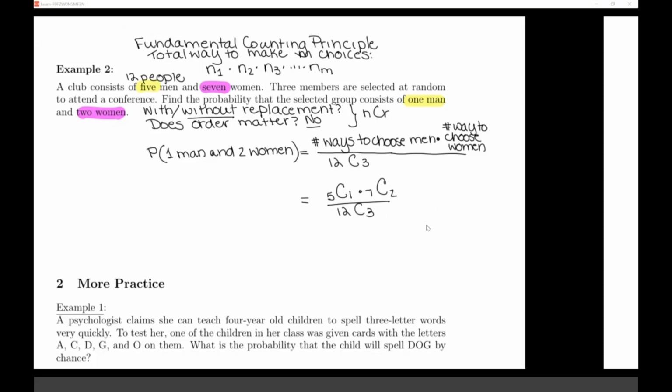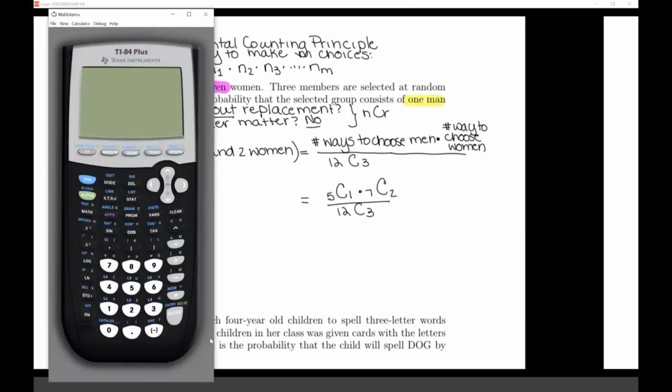Again, if you're using the built-in combinations calculator, you're going to need to find these individually. I'm going to show you on my TI because I can bring it up while we have the notes open, and I think that's clearer than going back and forth to the separate screen. But you do have a combinations calculator.